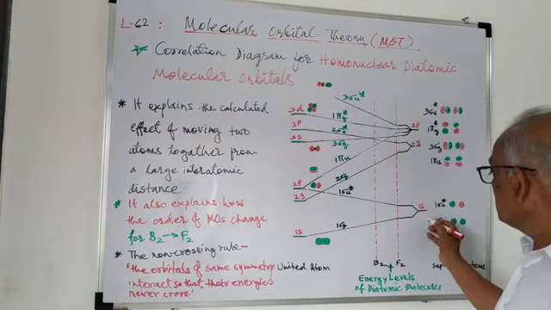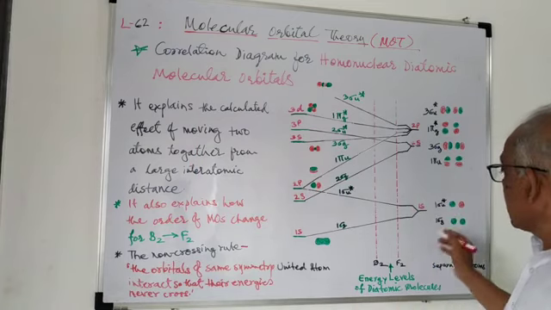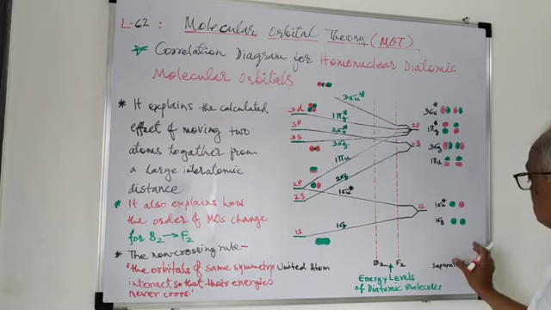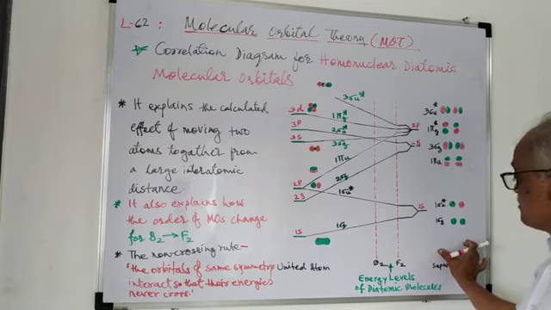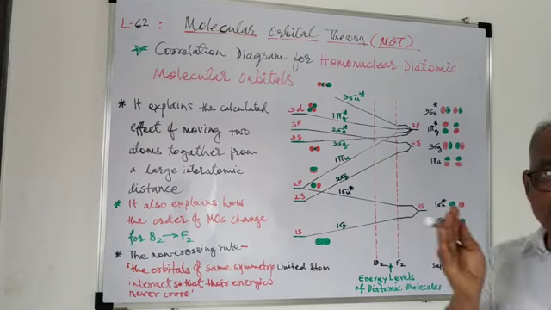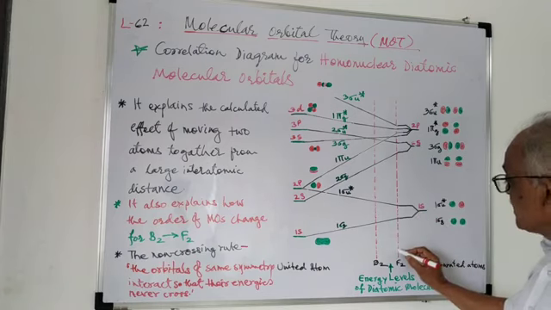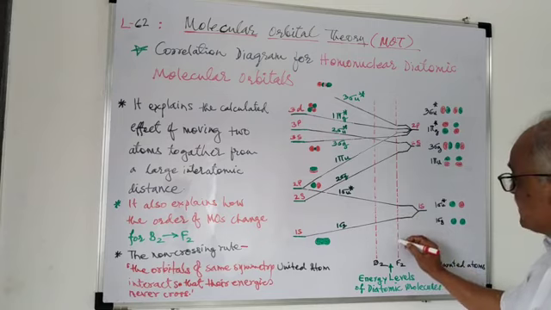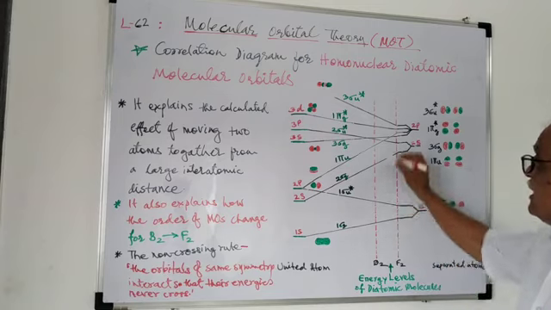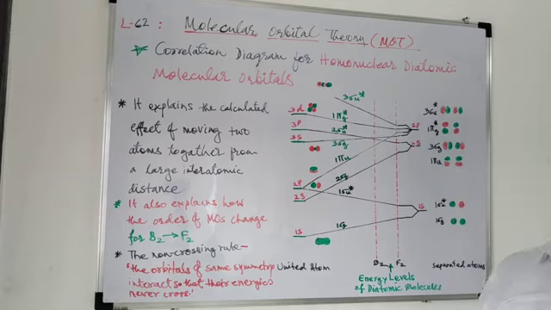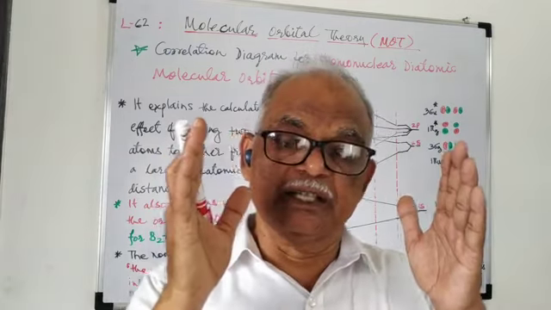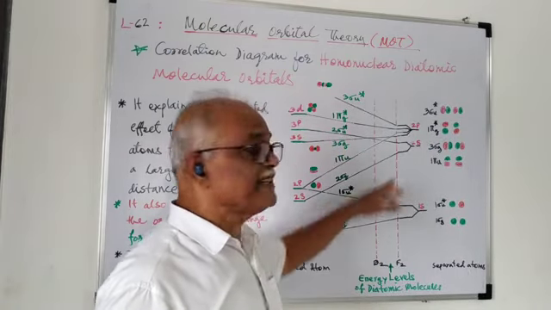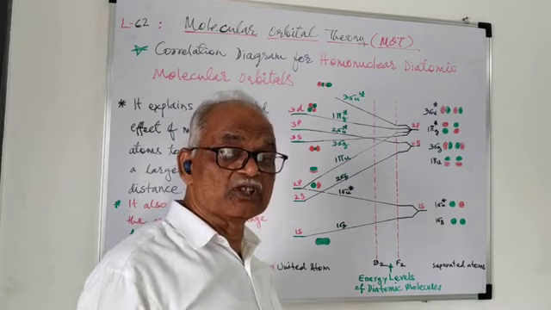But when these atoms are brought closer and closer, the vertical dotted lines indicate the internuclear distance.